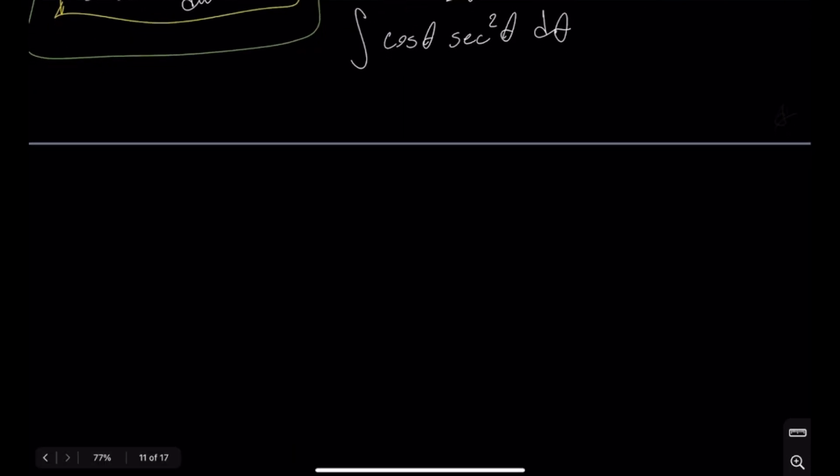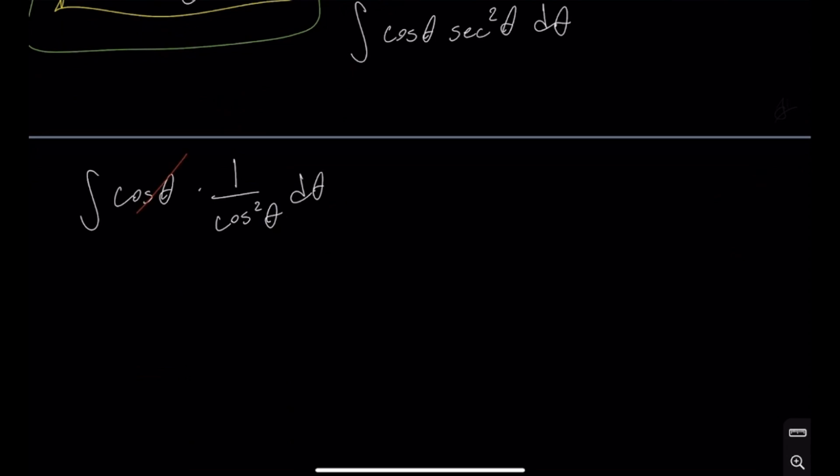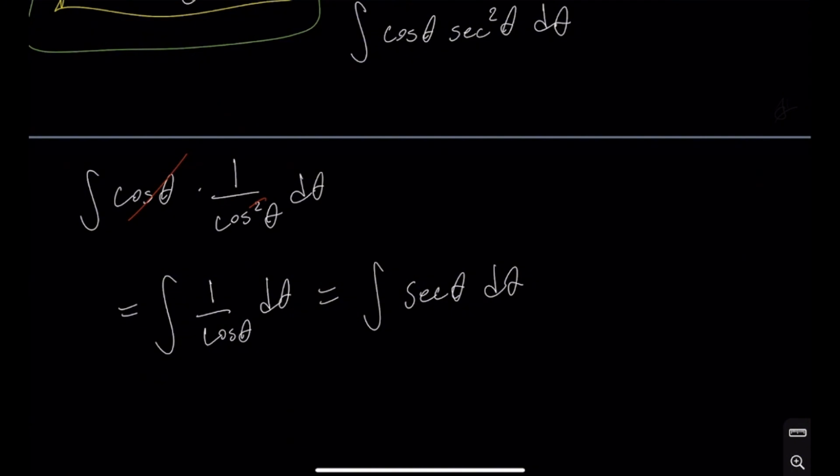Now, what can we do? Secant can be rewritten as 1 over cosine squared theta, d theta. And so you can notice that one of the cosines cancel out. You're just going to have the integral of 1 over cosine theta, d theta, which is also equal to the integral of secant theta, d theta.